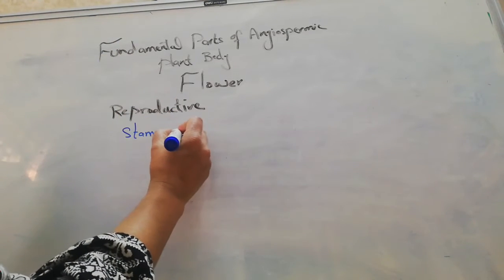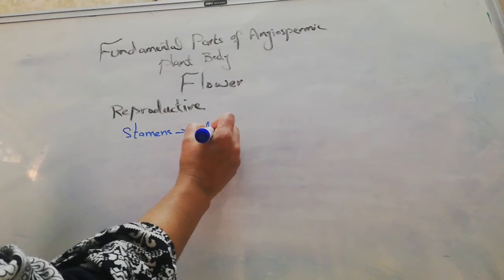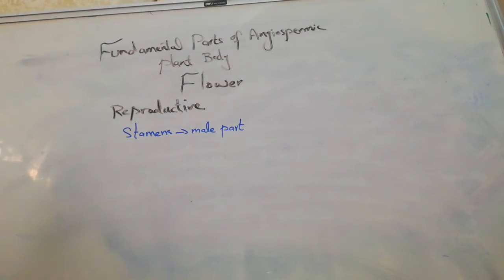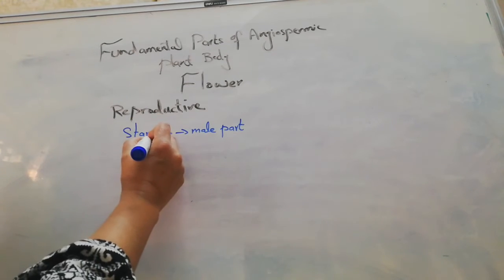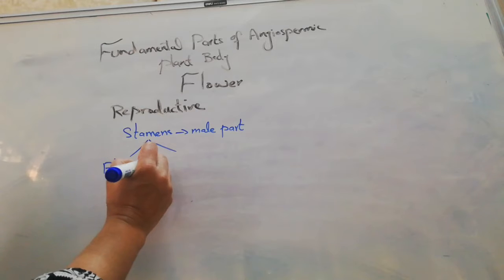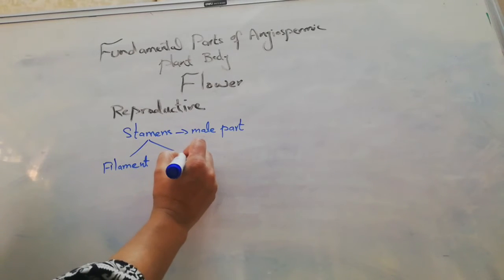Stamen is basically the male part of the flower, and that stamen has two main portions. One is known as the filament and another is known as the anther.